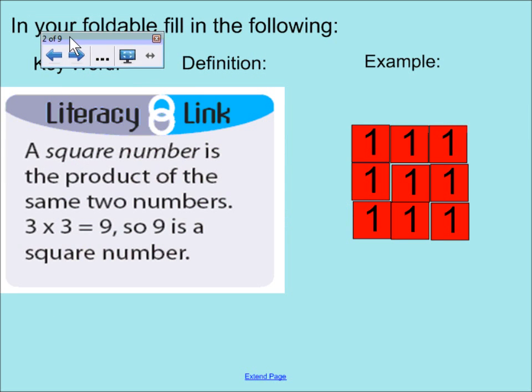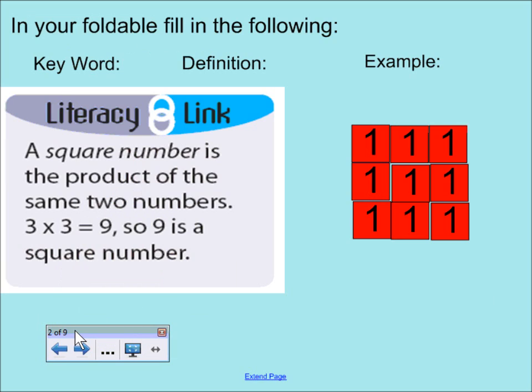So the very first step is the definition of a square is that it has to have equal length and equal width. So they have to be the same, like this, 3 by 3. You can't have a square that's 4 by 2.